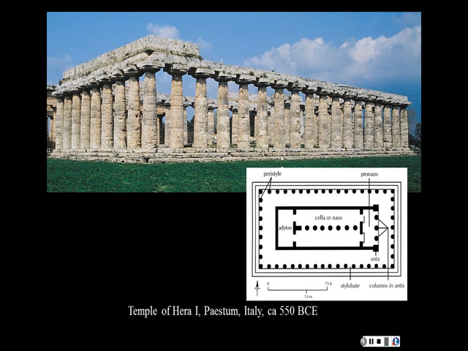The Greeks are going to be very much oriented towards proportion and symmetry, and in this early archaic temple, which is quite massive in scale, they are going to abide by a 2-to-1 formula, where we're going to have 9 columns along the top and double that along the side for 18 columns down the side. And this sense of proportion and balance is central to their understanding of architecture.